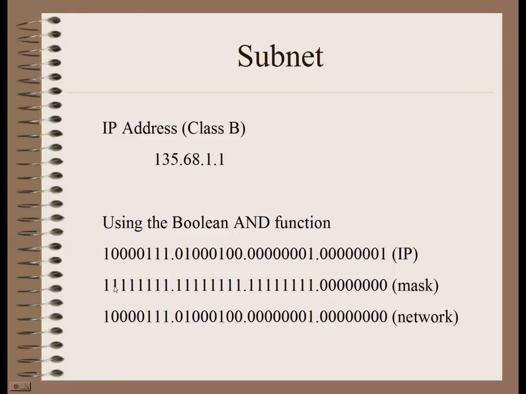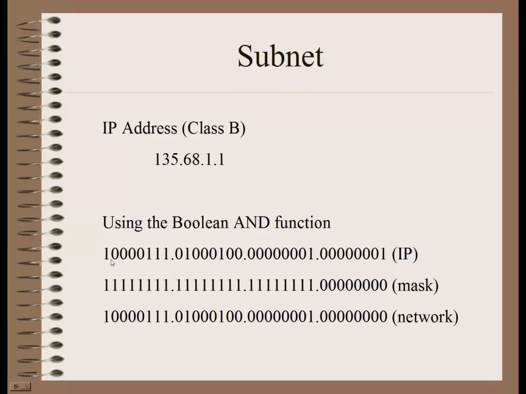But if we AND a 1 and a 0, we get a 0. So they both have to be set with 1 before we get a 1. And to get a 0, either can be 0, or one of them could be 0 and the other one would be a 1.